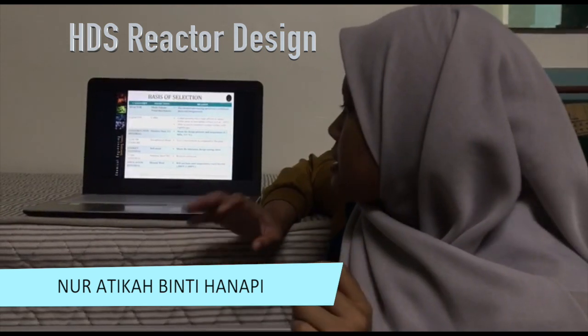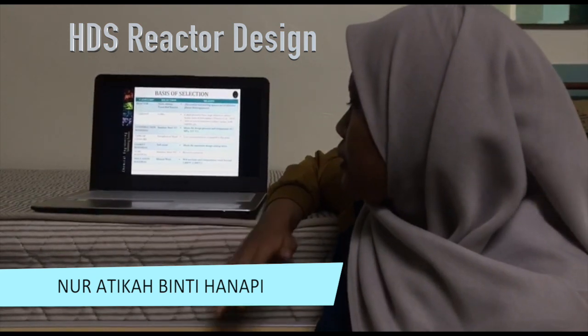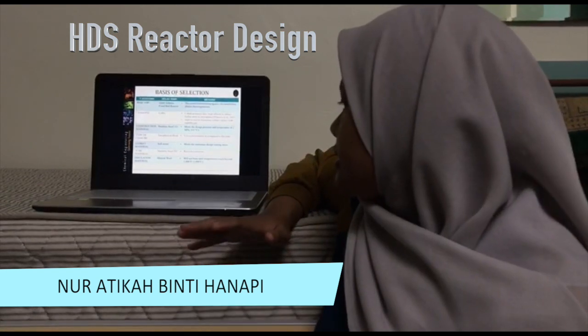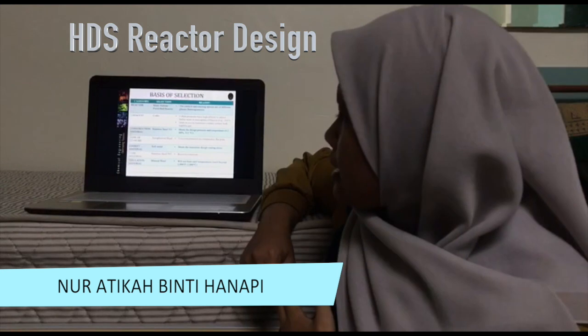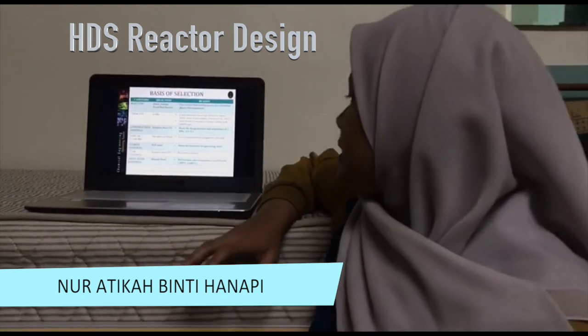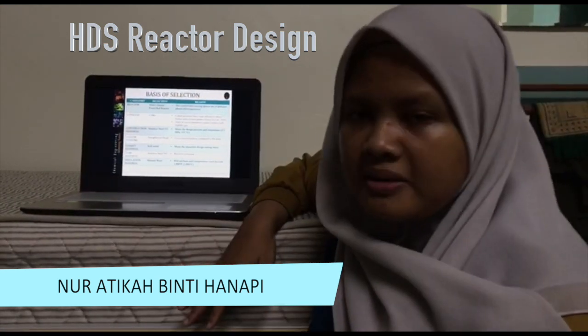321, because it meets the design pressure and temperature, which is 4.2 megapascal and 315 degrees Celsius. The type of closure is torispherical head because it has less stress concentration as compared to flat plate.